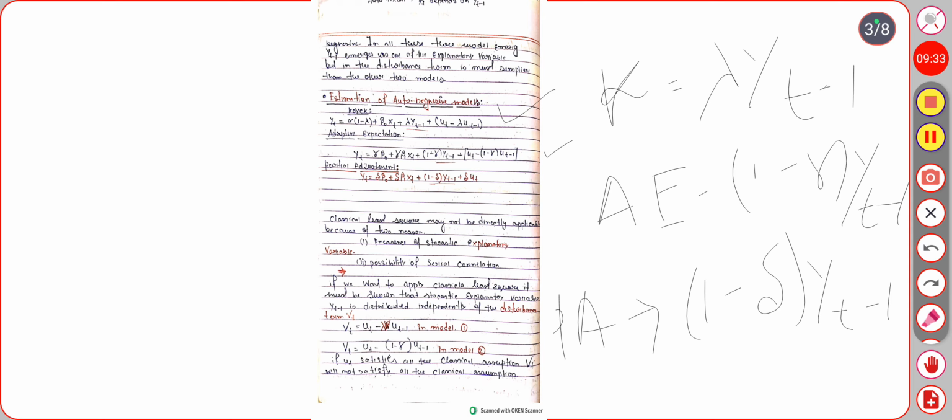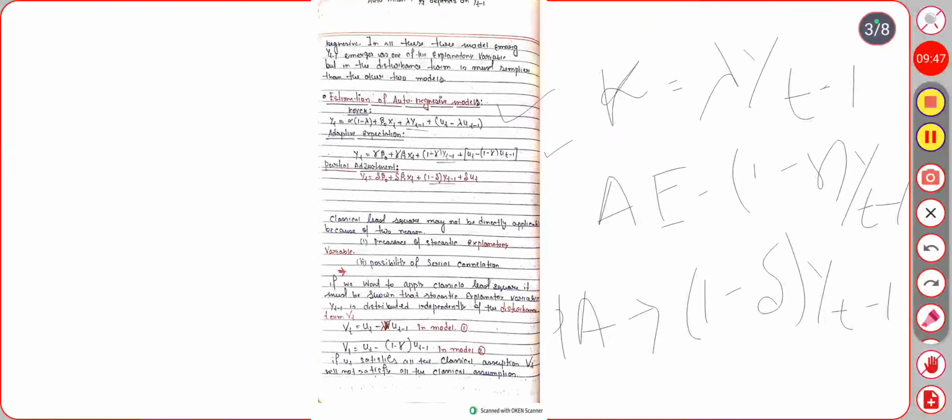Here vt is equal to ut minus lambda ut minus 1 in model 1, the Koyck model, and in model 2, the adaptive expectation model, vt is equal to ut minus gamma ut minus 1. If ut satisfies all the classical assumptions, vt will not satisfy all the classical assumptions.